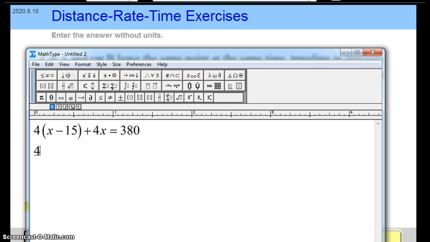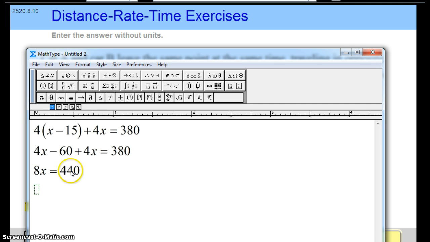So we get 4x minus 60 plus 4x equals 380. Now we add 60 to both sides and combine the x terms. We'll get 8x equals 440. Can you tell me in your head what 440 divided by 8 is?